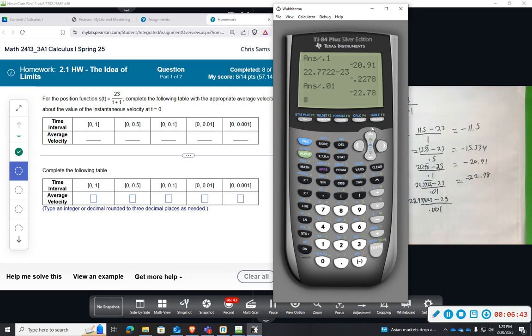And then our last value, we had 22.977. We subtract 23, and then we're going to divide that by 0.001. And that gives us negative 23.